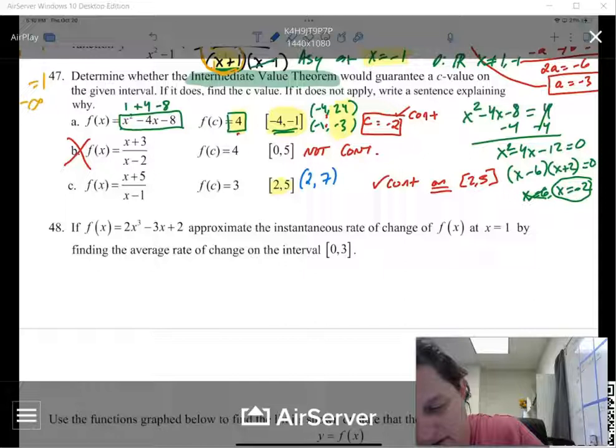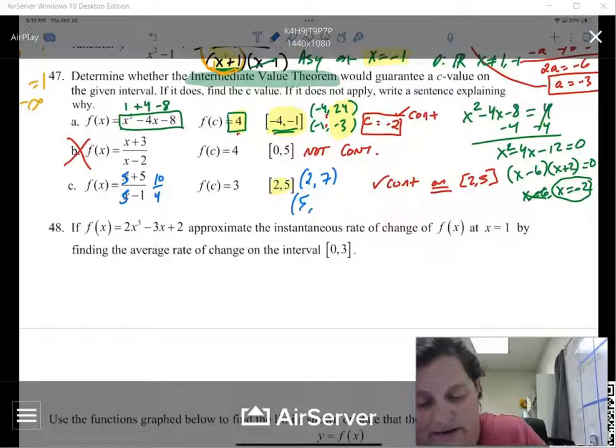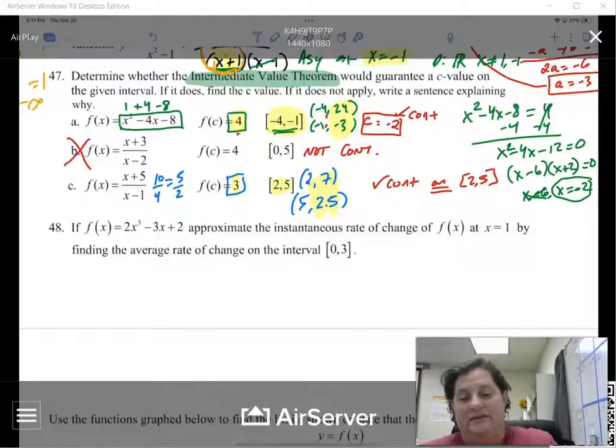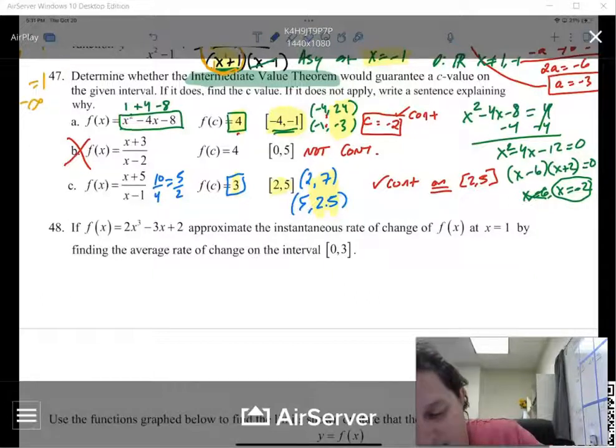When I plug in 5, I get 10 over 4, which is like 5 over 2, which is 2.5. Is 3 in between those? It sure is. 3 is in between 2.5 and 7, which means that somewhere that has to equal 3.